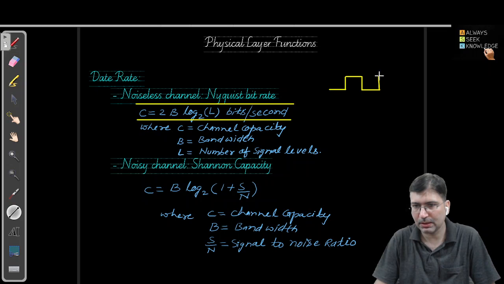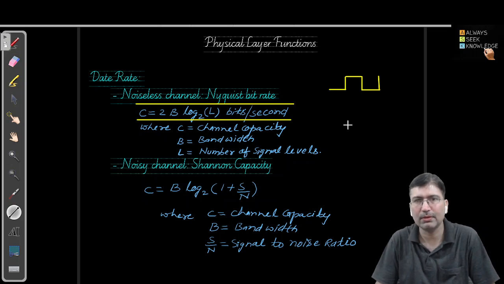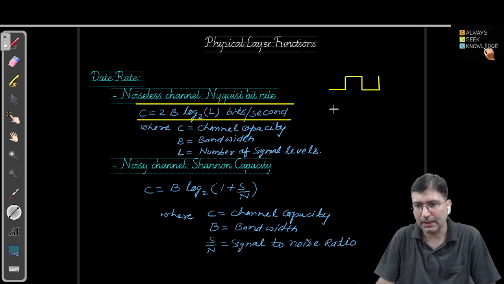There may be some signals which have more than two levels. So the value of L will be more than 2 in that case. Like if a signal is like this, it is having, let's say, 0, then 1, then it comes to 0, but it goes in the negative direction also. It is having, let's say, -1 also.